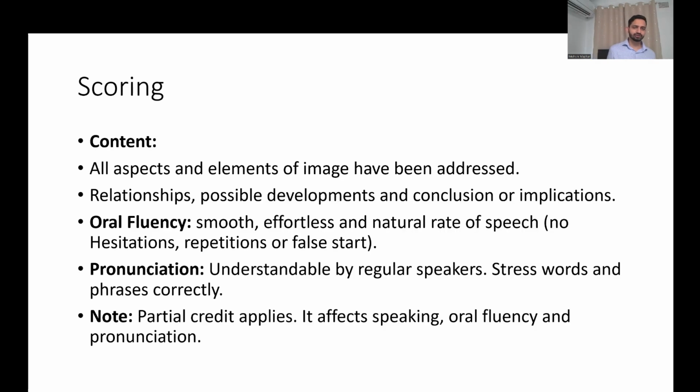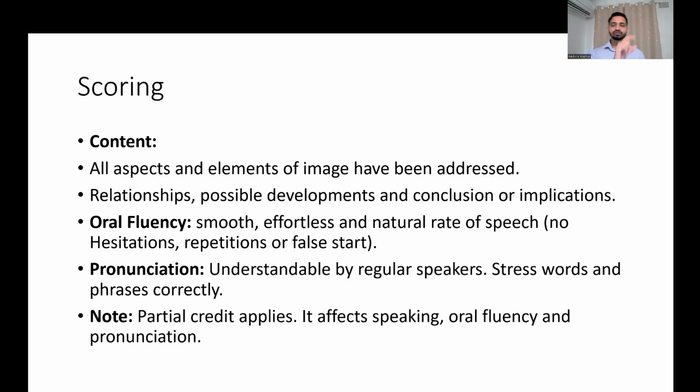Now let's talk about scoring. Scoring is very important here, to understand what the things are and how it is scored. So you've got content here. All aspects and elements of the image have been addressed. So you want to include pretty much 80-90% of the aspects that are important in your response. Relationships, possible developments, and conclusions or implications.